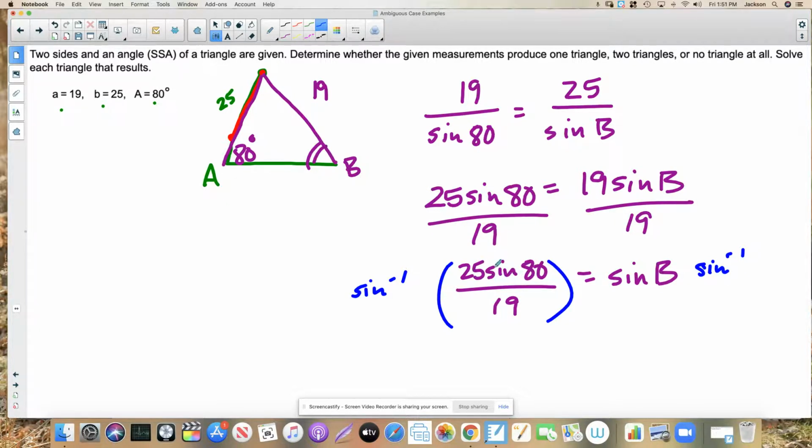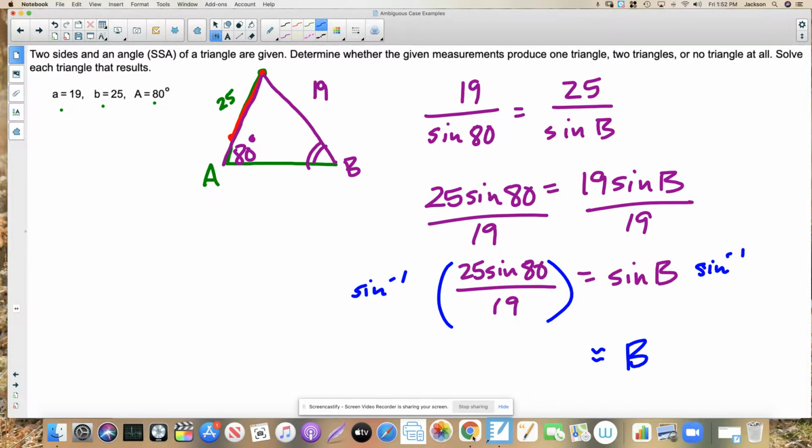So really 25 sine 80 all over 19 is a product on the top divided by 19. So this represents a singular number, and chances are it's going to be a decimal. So I need to take the inverse sine of that to get at this value of B. So just leave that as that one package. That way we only have to go to the calculator one time here.